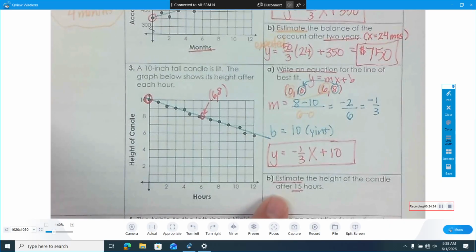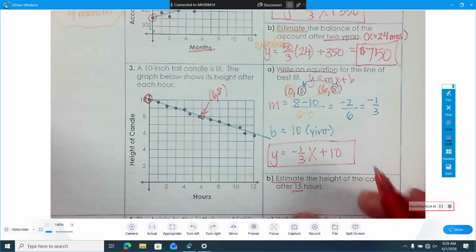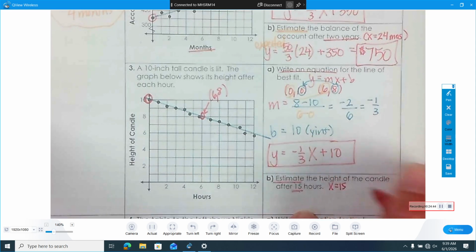What are we supposed to do? Which axis is 15 hours on? The x, yeah, it's the x-axis, so that means x equals 15.